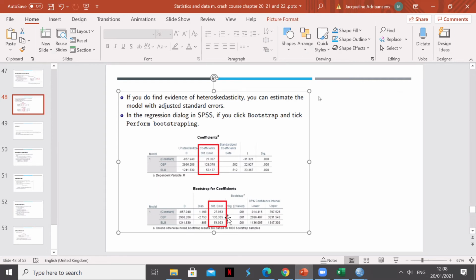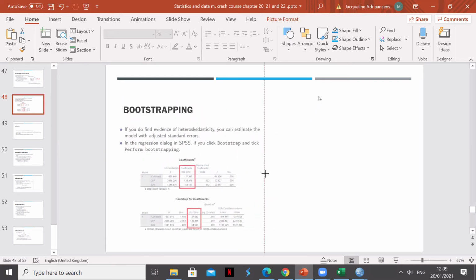Because if you have heteroscedasticity, it overestimates the standard error, like I said. So if you perform bootstrapping, they'll all become a bit smaller. Usually this one becomes bigger, so it's also not necessarily a constant. But anyway, that's not very important.